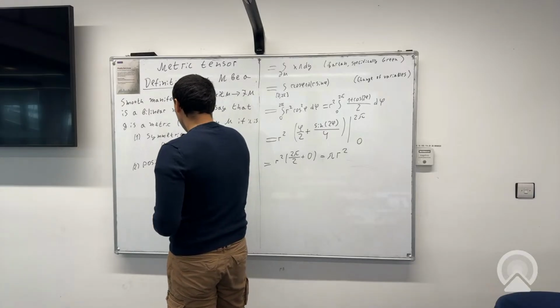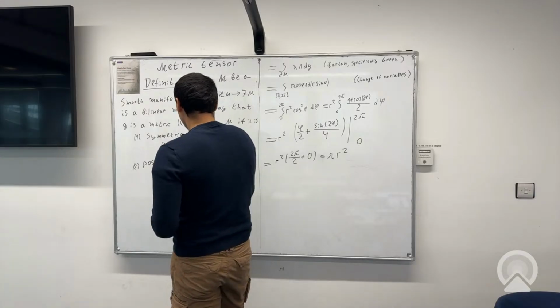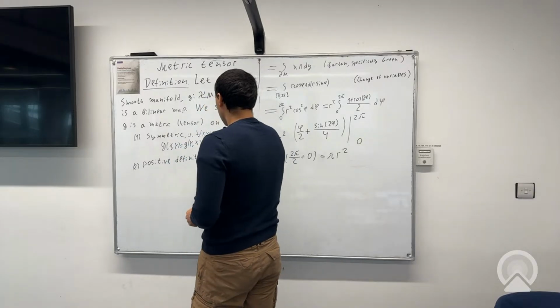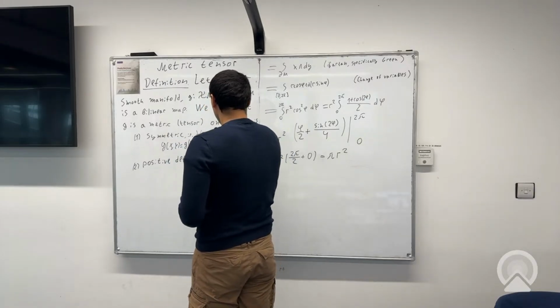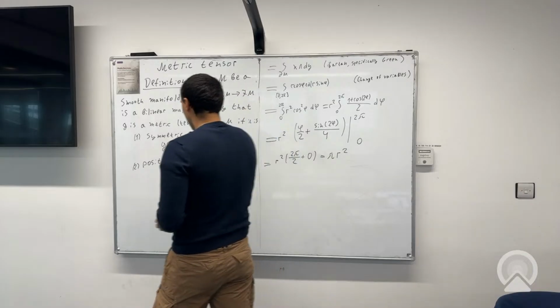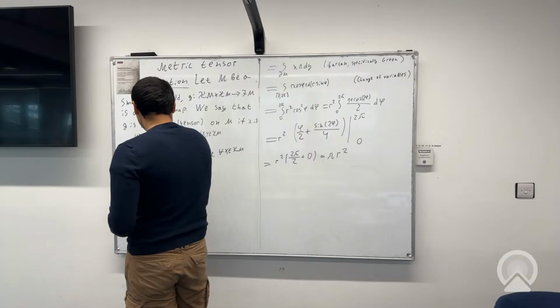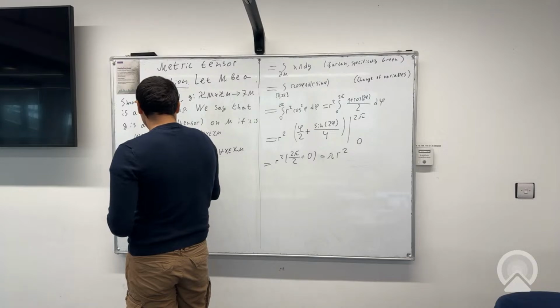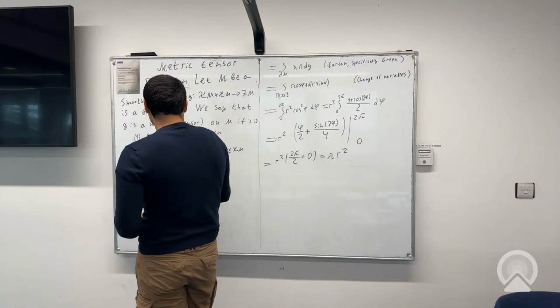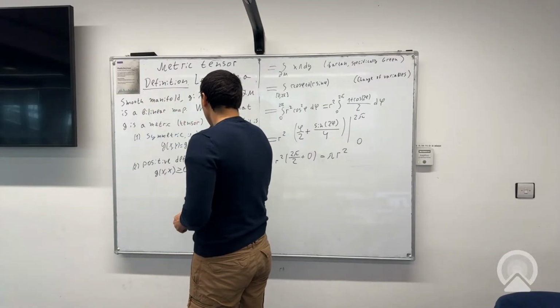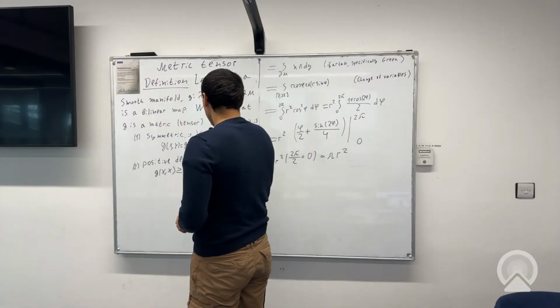Positive definite means that for all x a vector field, G of x x is bigger than 0 everywhere on M. So it is a positive function.